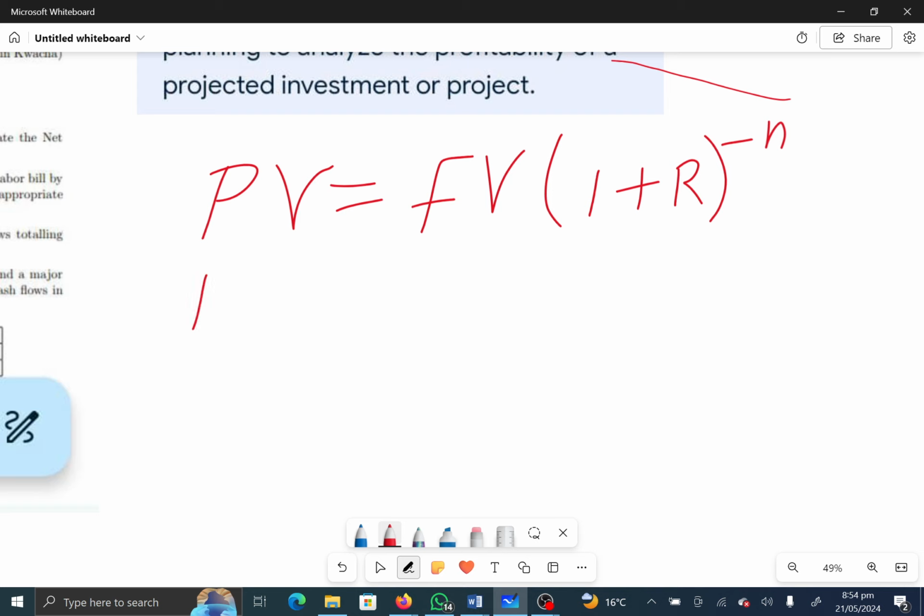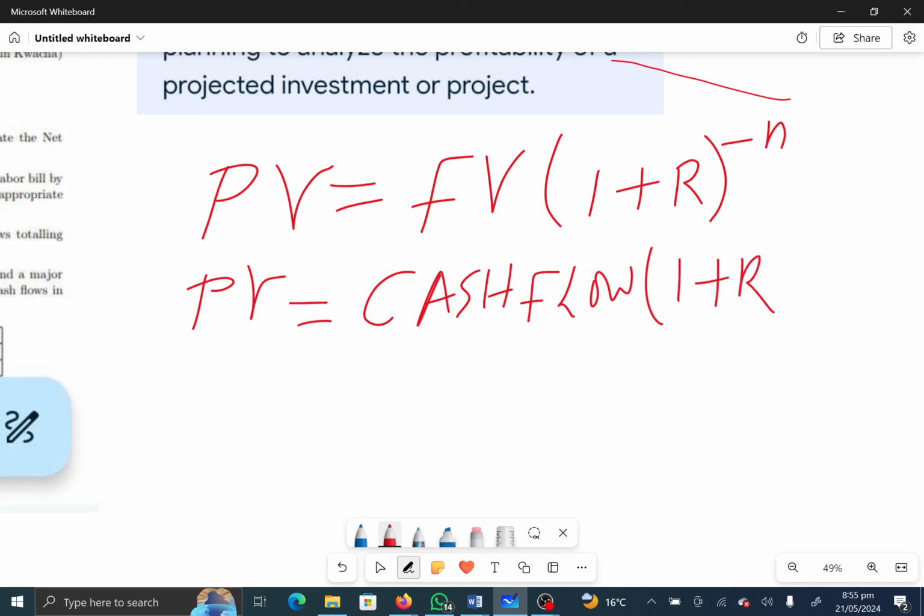We can write this formula as present value is equal to cash flow times (1 plus R) to the power negative N.